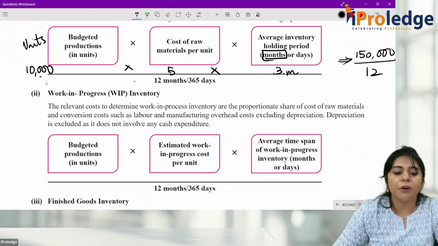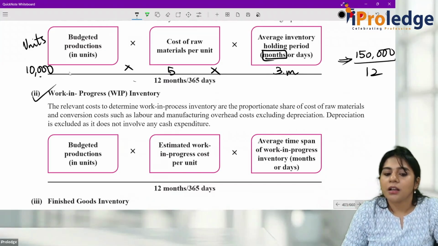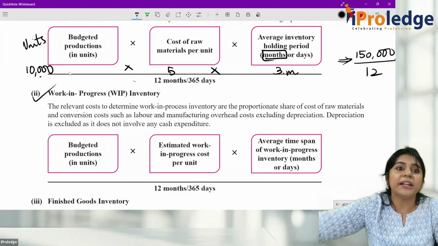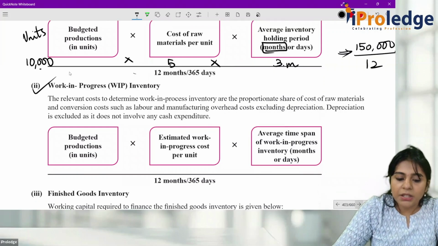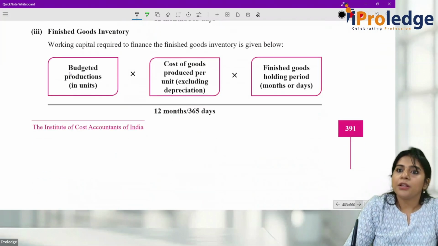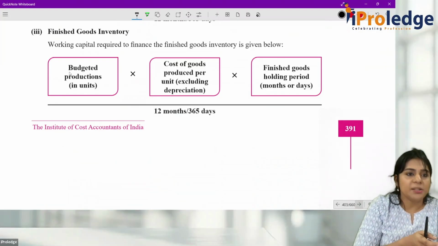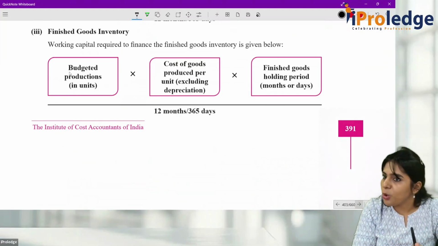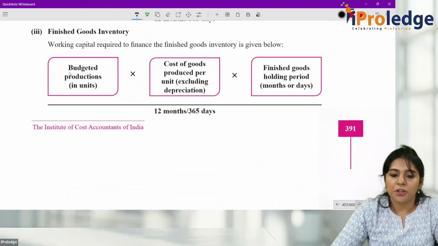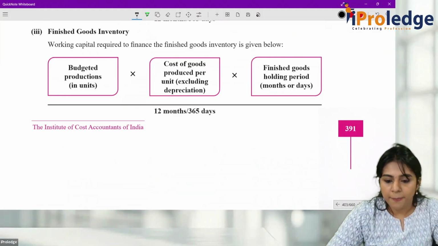Next, how much money I need for work in progress. Again, I use this formula, I estimate how much money I need. Similarly, finished goods. Since you are in the business, you know generally how much I need. You will estimate for raw material, WIP, and finished goods using the same formula.